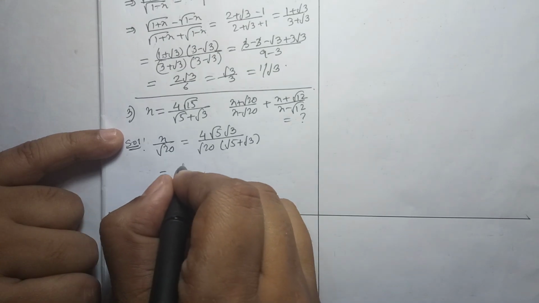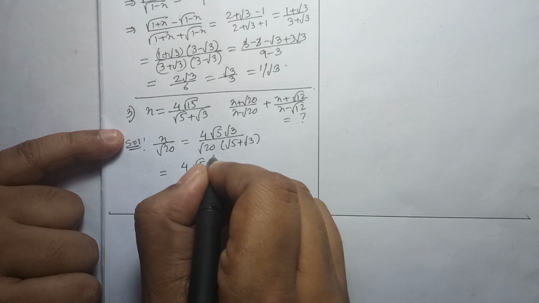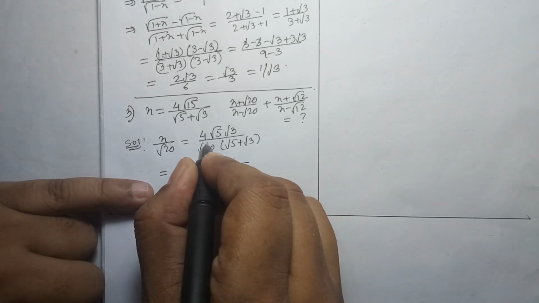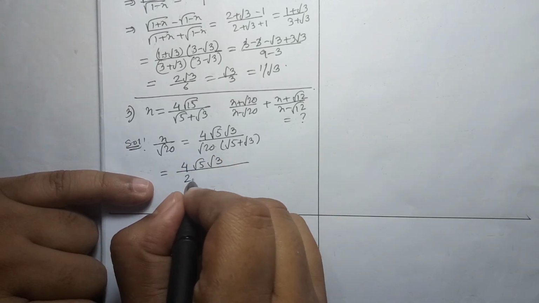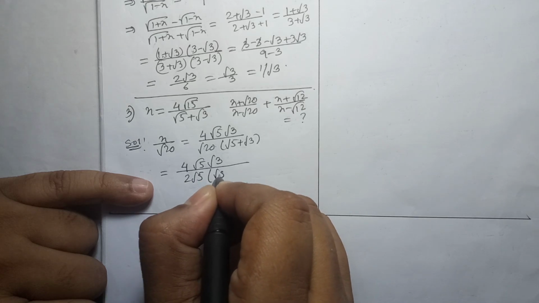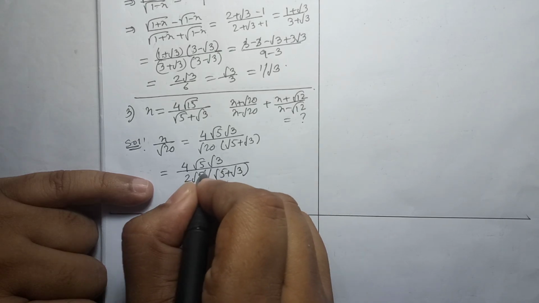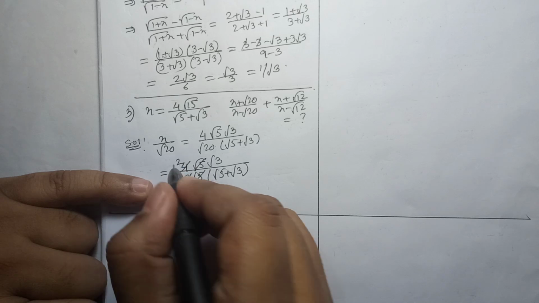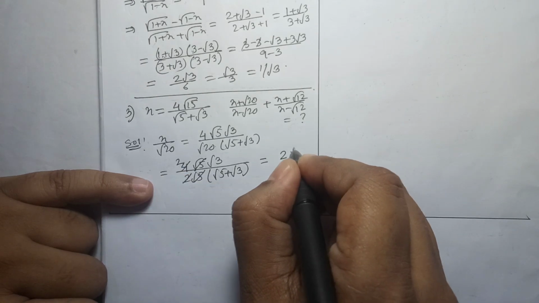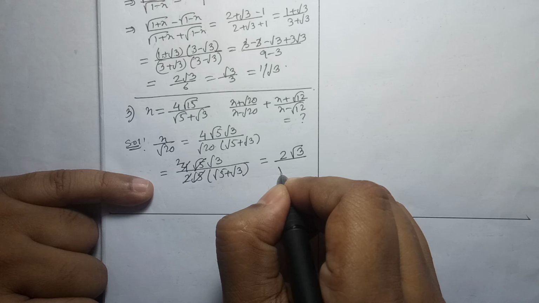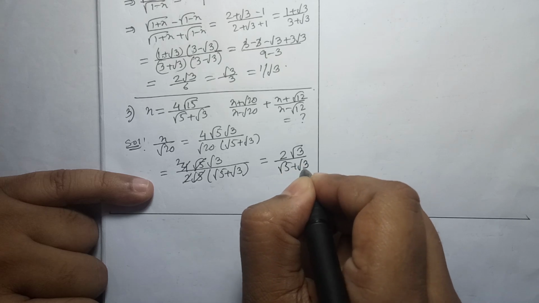So what do I have? 4. The 4 into 5 is 2 root 5. So this will give you 2 root 3. Fine.